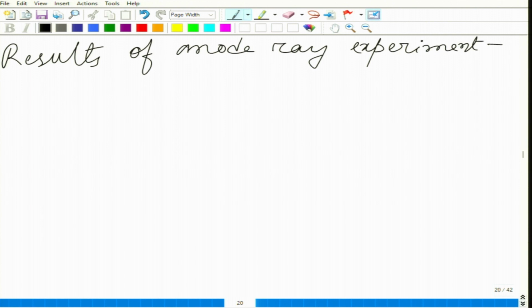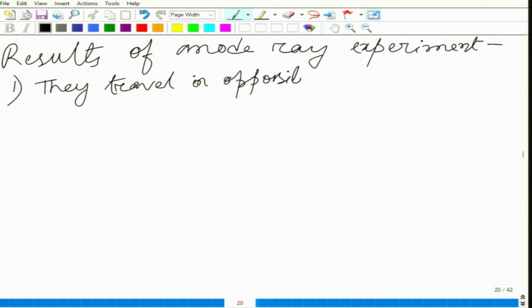anode ray experiment. What was the first result? The first result was they travel in opposite direction to cathode ray.